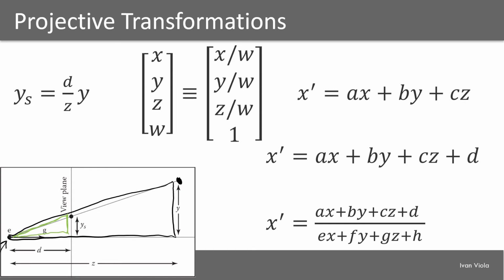So in the world coordinates, actually in the eye space or camera space coordinates, its coordinates are y, z.